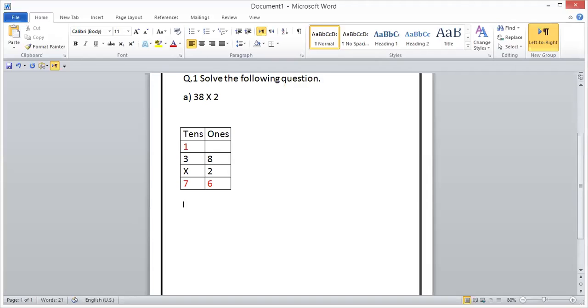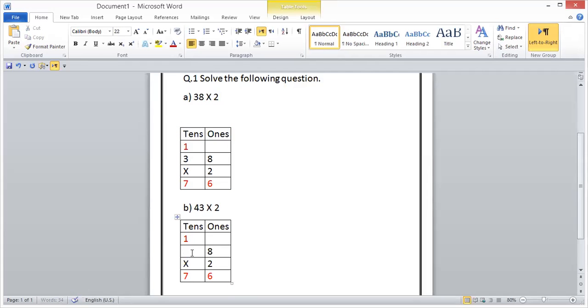Then the next question we have, that will be B. 43 multiplied by 2. So you will write here 4 tens, 3 ones multiplied by 2.